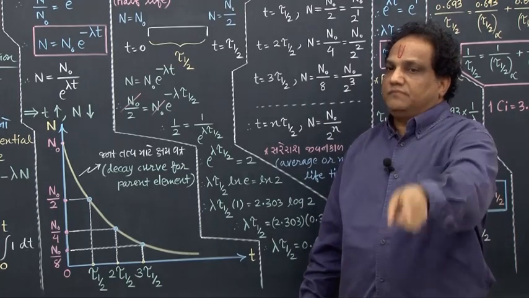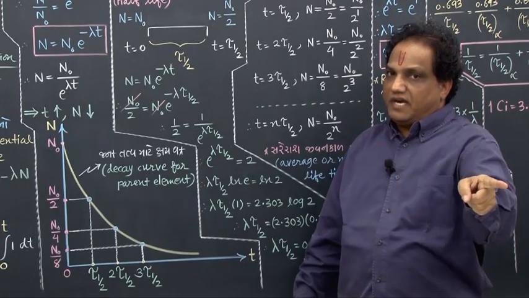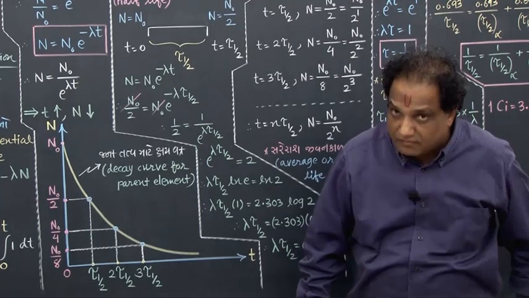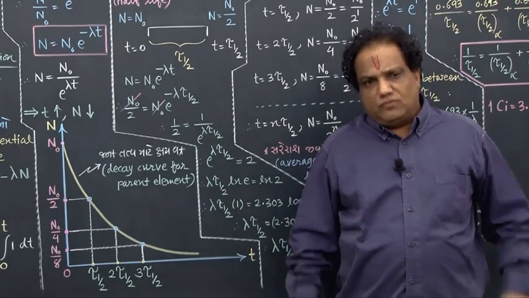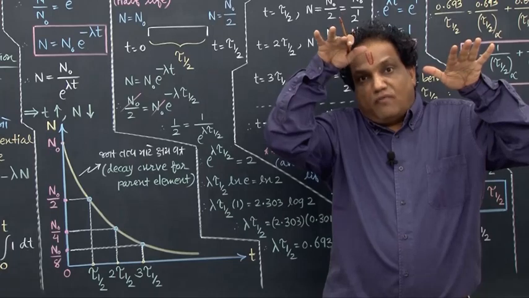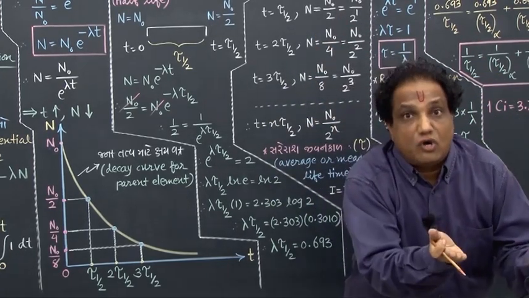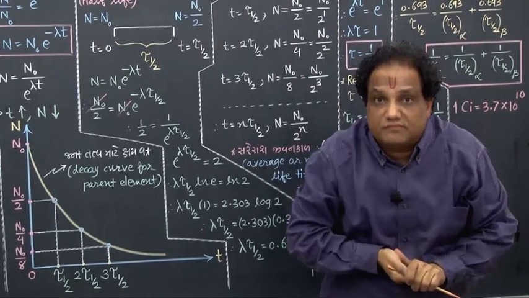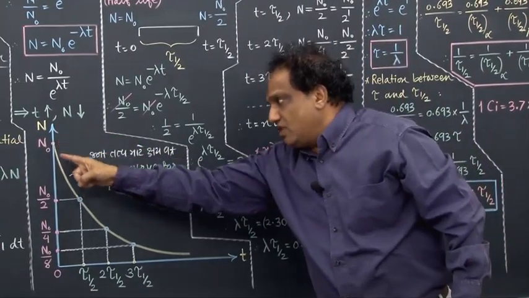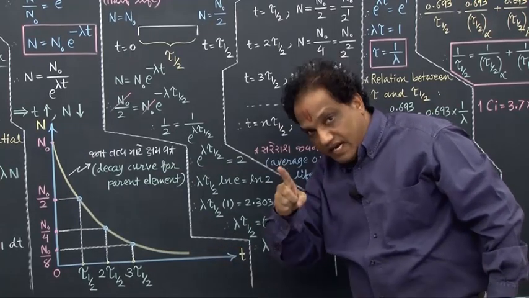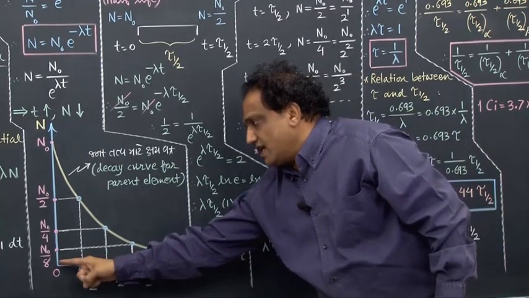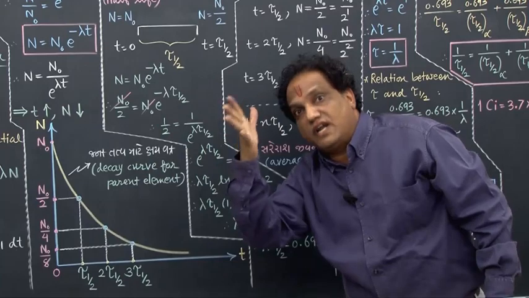But don't forget, when a parent atom disintegrates, it gets transformed into a daughter atom. So as time passes, the number of parent atoms will go on decreasing, but on the other side the number of daughter atoms will go on increasing. The way there is an exponential decrease for the parent atom, in the same way you will get an exponential increase for the daughter atom.